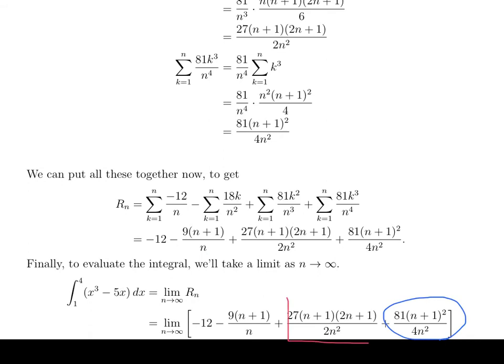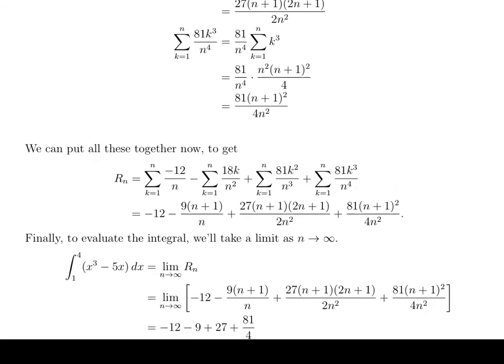Think about this one here, a little bit more complicated. If you multiply it out, the highest order term that you see in the numerator will be 54n squared. And then in the denominator, there's a 2n squared. And so if we do that for each one of these pieces, then we're able to pretty easily write down what the limits of these things are.